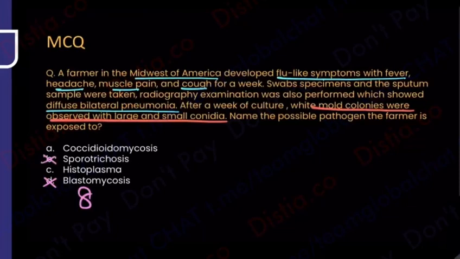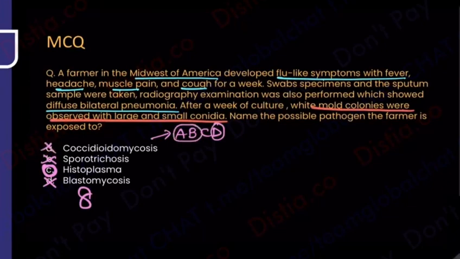So when I'm talking about what is going to be the answer, we either have an option of coccidioidomycosis or we have an option of histoplasmosis. Now, as I see over here, coccidioidomycosis should have been the ABCD history. When I say ABCD history, that means that there should be firstly a desert history, something like Arizona mentioned, and barrel-shaped arthrospores should be mentioned, which is again not the case over here.